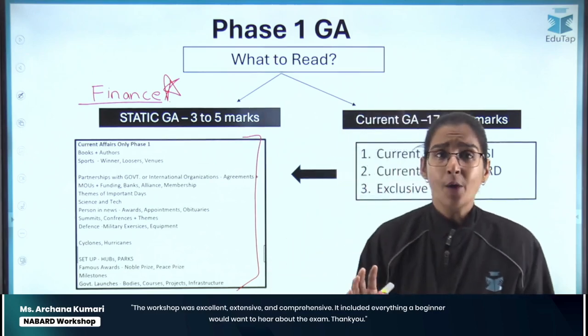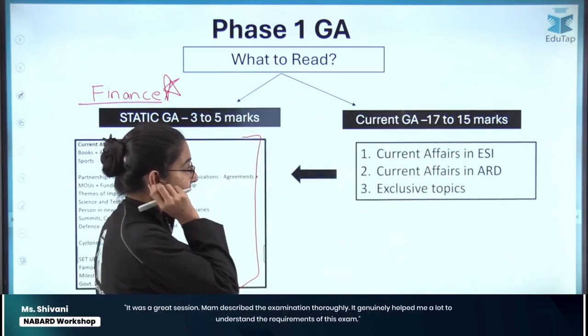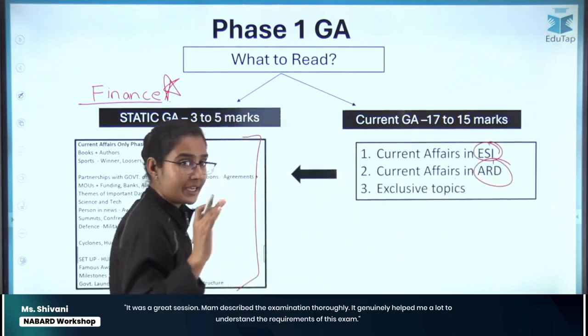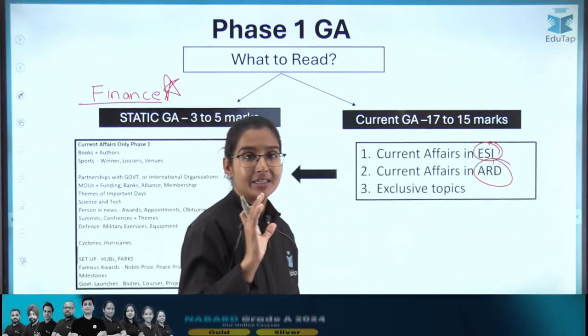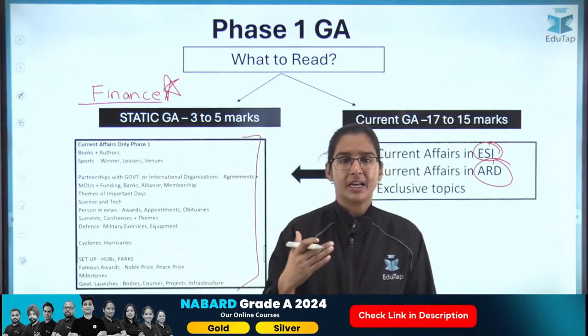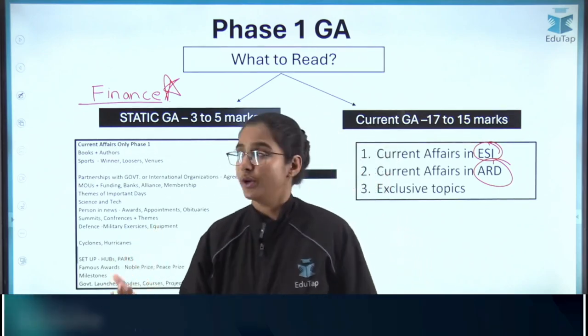Now, as far as the current GA is concerned, in the GA they ask questions from ESI and ARD also. So the ESI and ARD current affairs are something which you have to cover in the GA part as well. The current affairs of the GA will include the current affairs of ARD and ESI also.